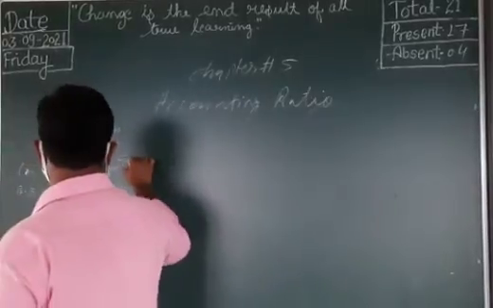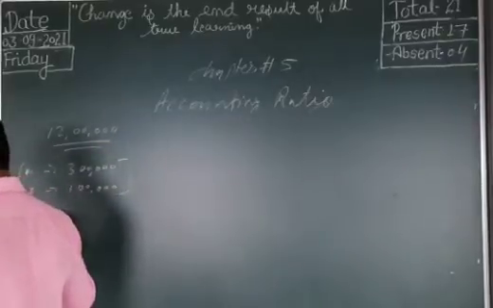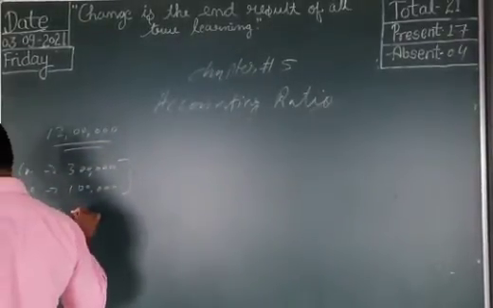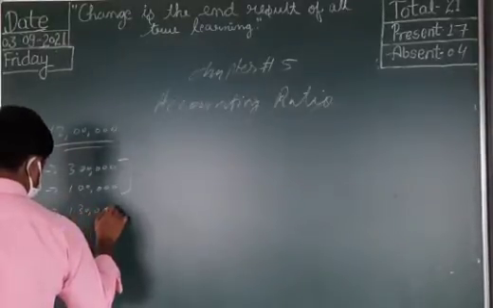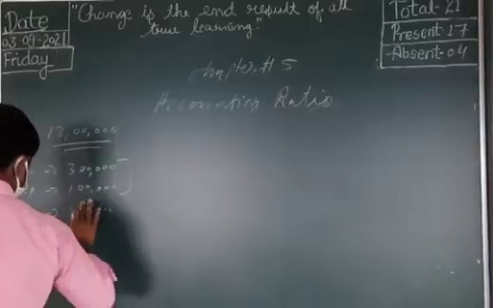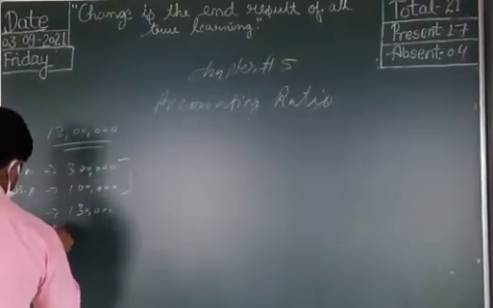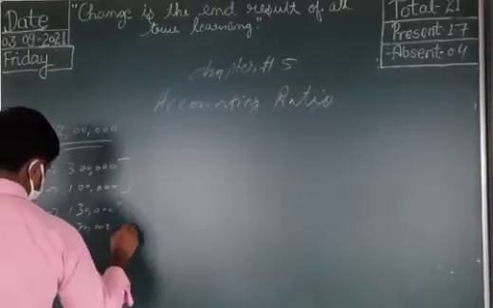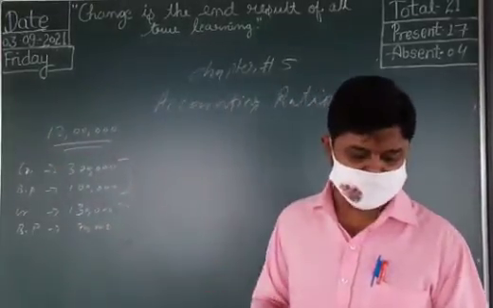This is the beginning part, and for the closing, closing creditors are given. How much is that? 1 lakh 30,000. Bills payable is also given, 70,000. Very simple, only here the things are given directly.